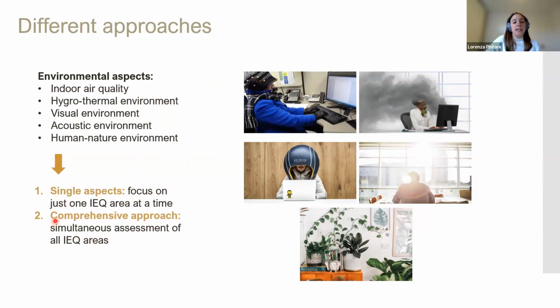The other approach is to have a comprehensive approach. The comprehensive approach foresees the simultaneous assessment of all indoor environmental quality areas, and it's a more complete and overall holistic approach to address the performance of the indoor environment.